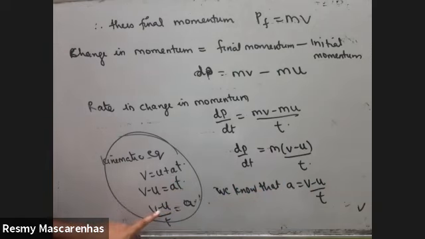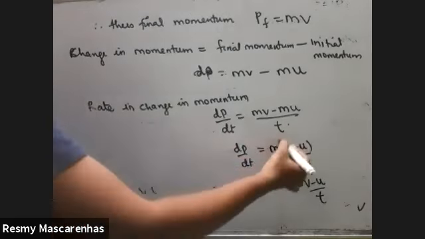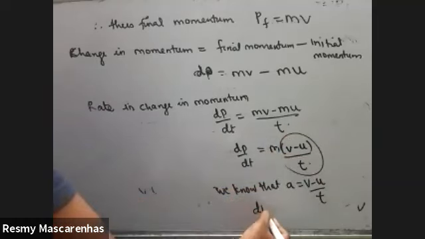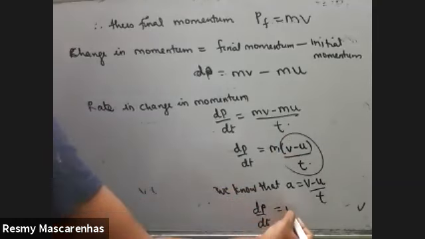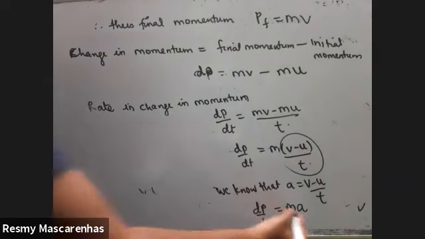The acceleration is nothing but final velocity minus initial velocity upon time. So instead of this full thing, dp upon dt is nothing but m into a. You put it as equation 1.